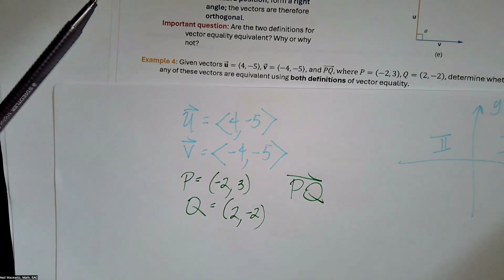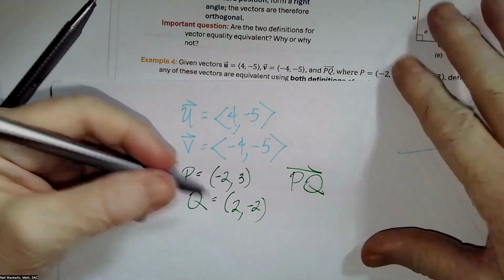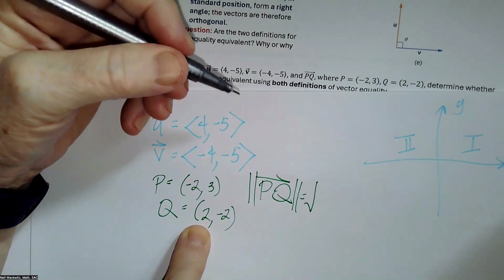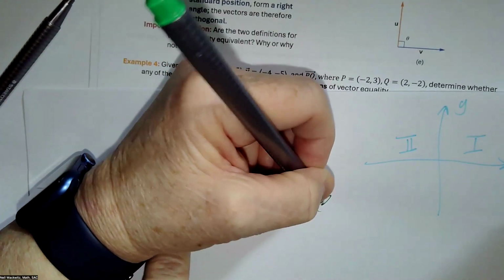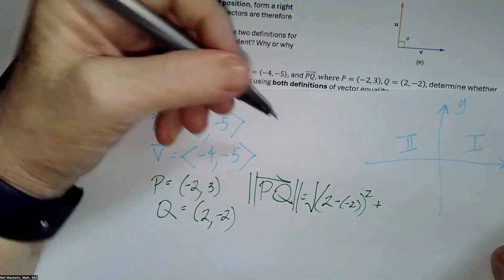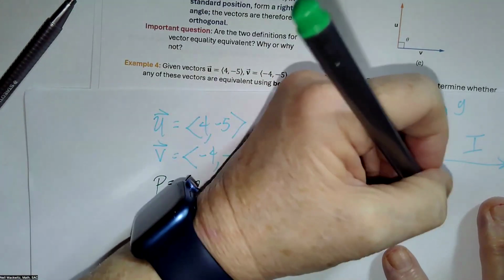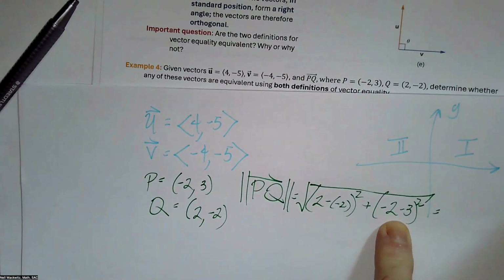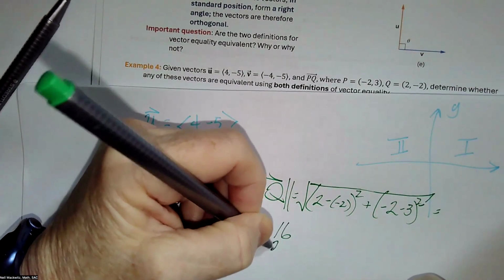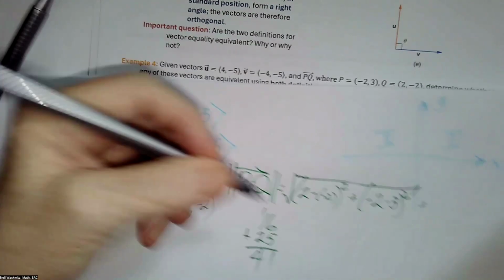So let's find some magnitudes. For PQ, I've got 2 minus -2 squared and -2 minus 3 squared. 5 squared is 25, 4 squared is 16, so the magnitude is square root of 41.